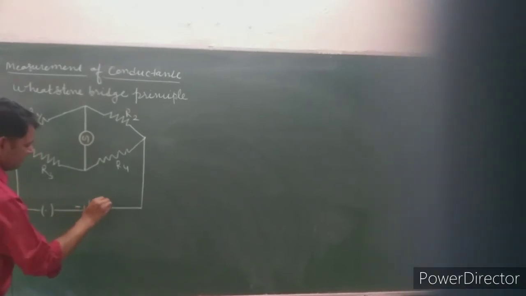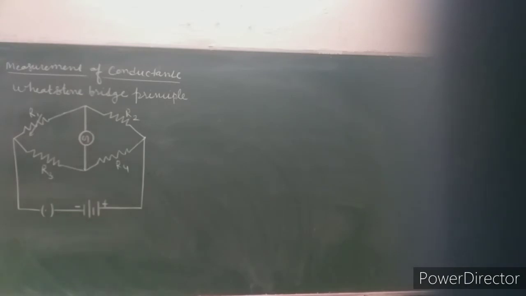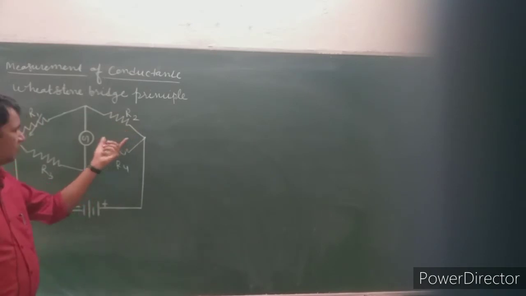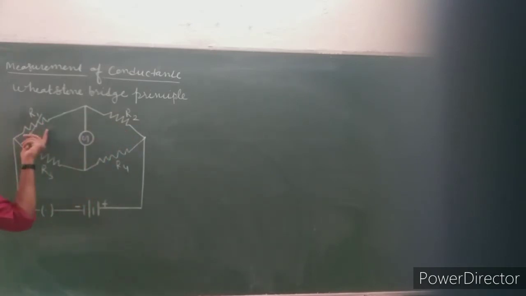We are just discussing what the Wheatstone-Bridge principle is, and we are using it here to measure the resistance of an unknown electrolytic solution, that is R2. This is R1, that is a variable resistance. This is R2, this is another resistance R4, and this is R3.